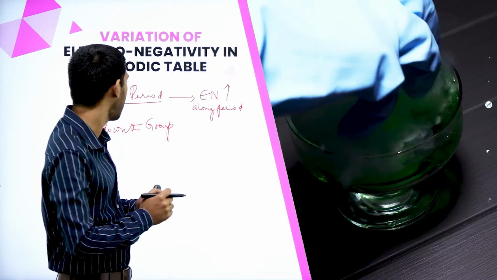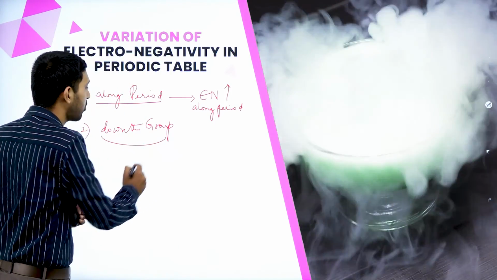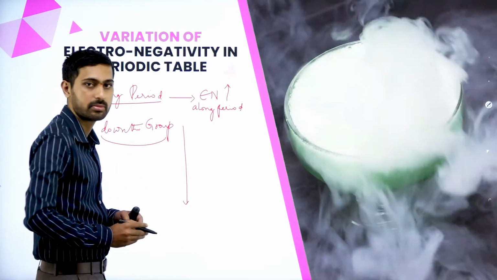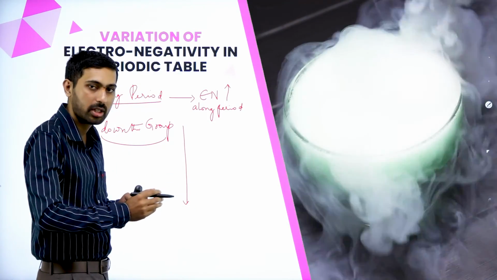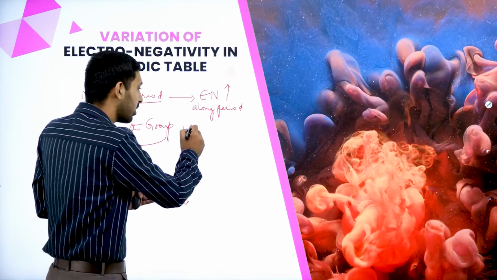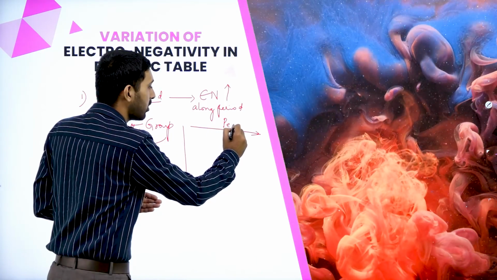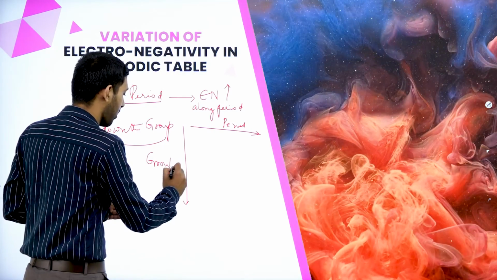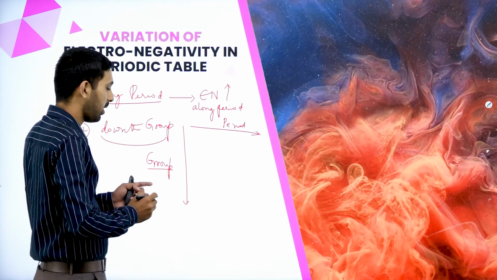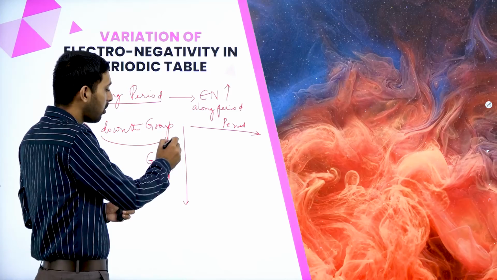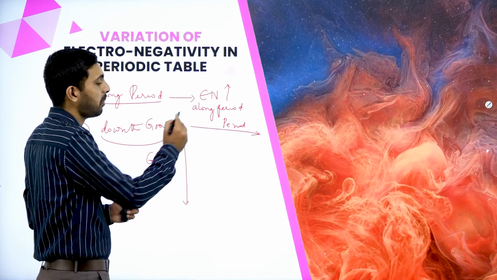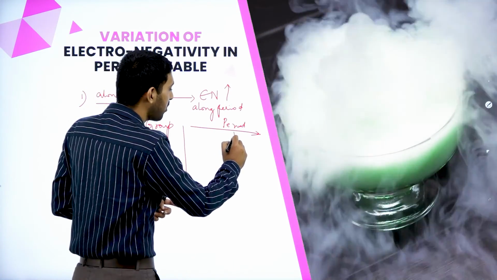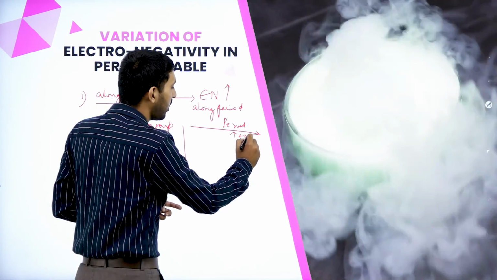Next, how does electronegativity vary down the group? Here also atomic number increases along the group, and along the period as well.